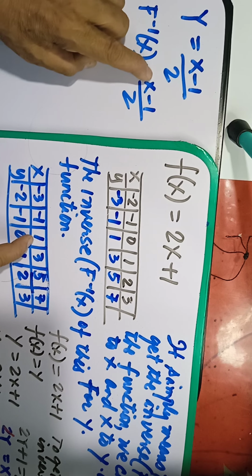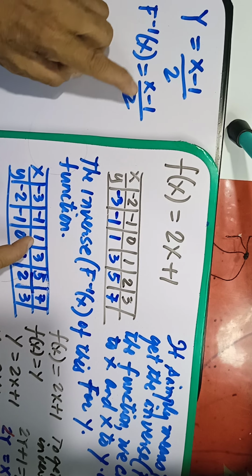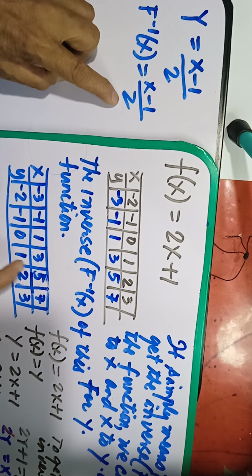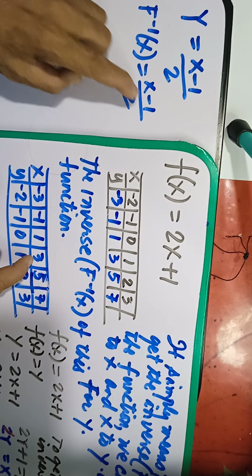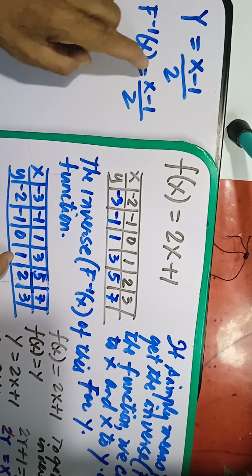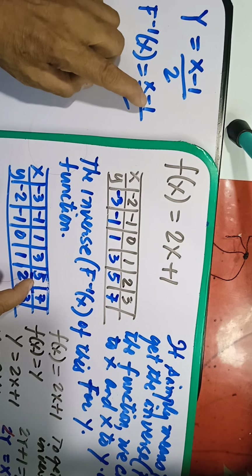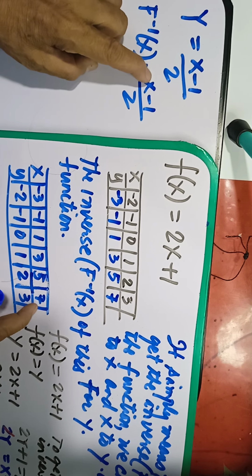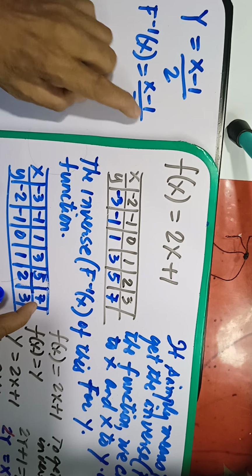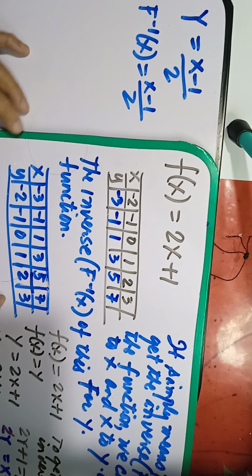If we plug in 1, 1 minus 1 is 0. 0 divided by 2 is 0. If we plug in 3, 3 minus 1 is 2. Divided by 2 is 1. If we plug in 5, 5 minus 1 is 4. Divided by 2 is 2. If we plug in 7, 7 minus 1 is 6. Divided by 2 is 3.